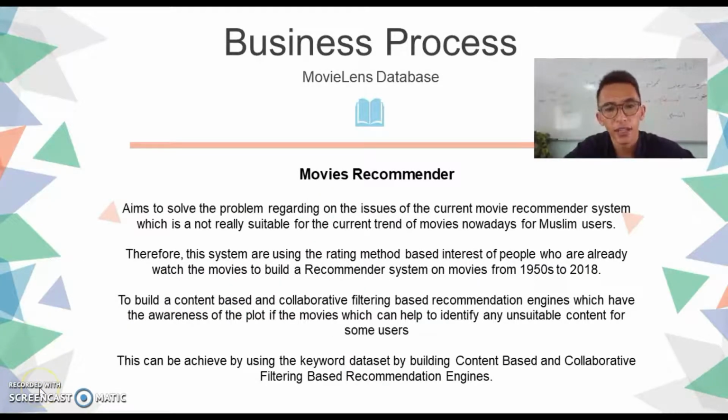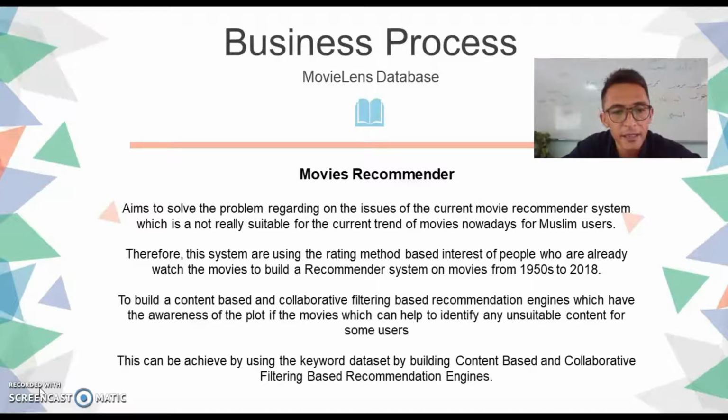Okay, I'm going to proceed with the second part, which is the business process: the movie recommender. In the movie recommender we have some points, so I'm going to explain them. The first aims to solve the problem regarding the current movie recommender system, which is not really suitable for the current trend of movies nowadays for Muslim users.